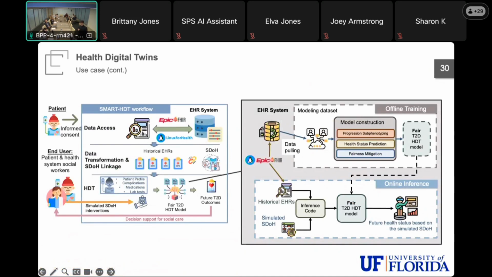And there is the workflow of this application. The patients allow the system to access their data, and this data is linked to the SDOH and used for the health digital twin creation.